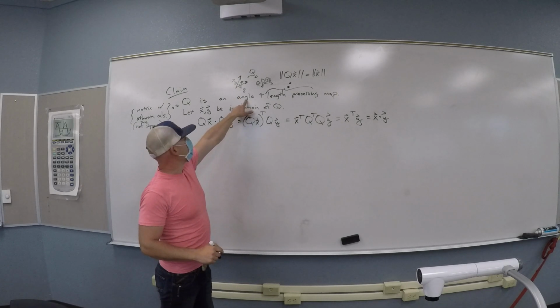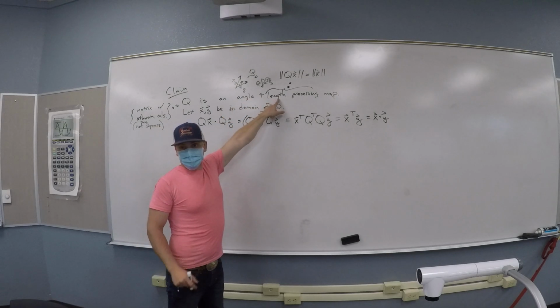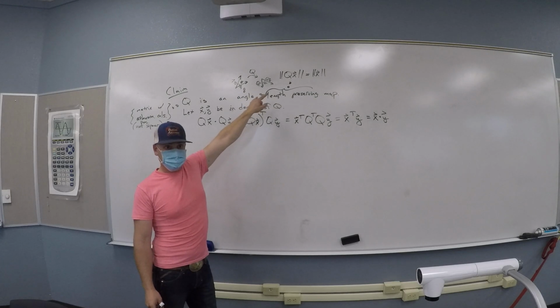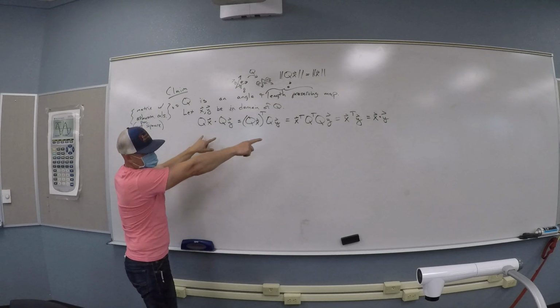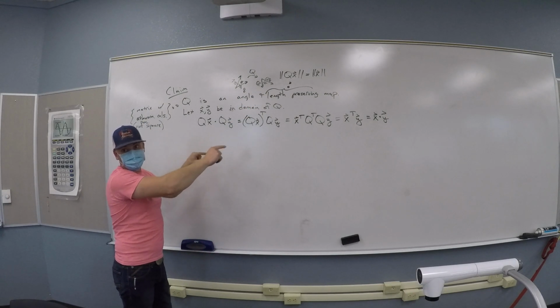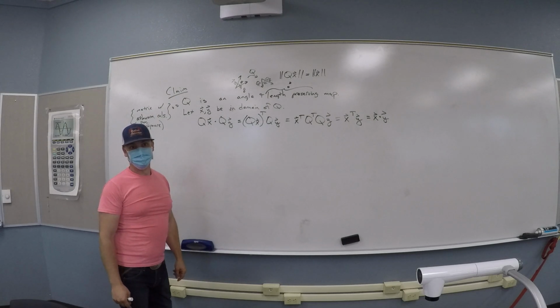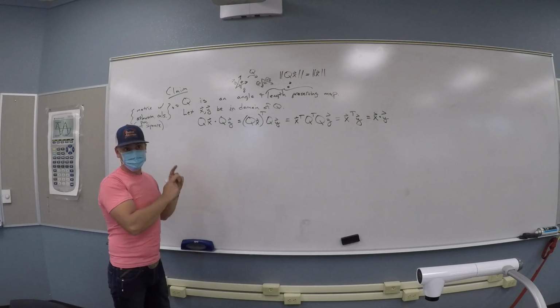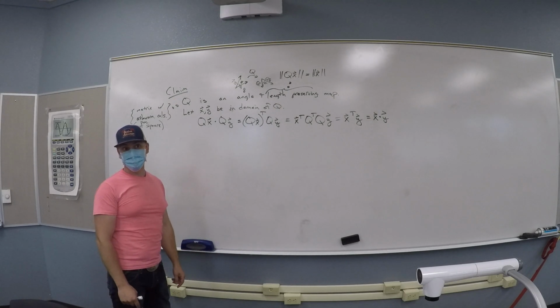I'm a little bit out of time here. Angle and length preserving, both of those are phrasable in terms of dot products. And what I just demonstrated is that Q preserves dot products. You guys see that? So that should be enough to demonstrate angle and length preserving.